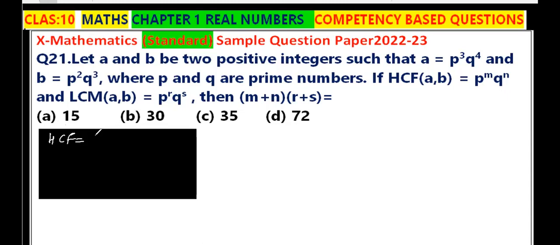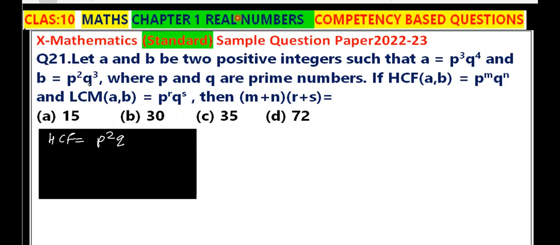For the HCF, we have to take the lowest power. So for P, you will see here P power 3 and P power 2. So it means here it will be P power 2. And what about Q? Q power 4 and Q power 3, what is lowest?